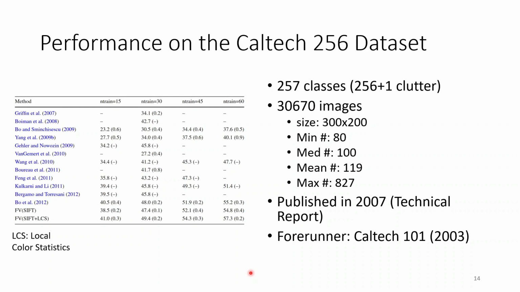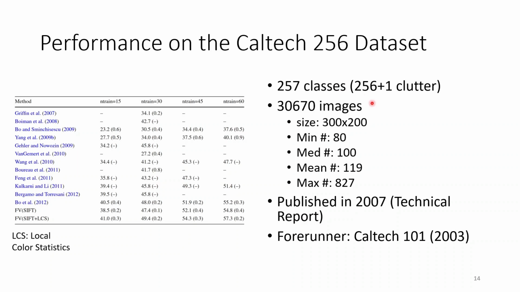So this is another large dataset called Caltech 256. In the year of 2011, there were several image classification datasets. One is ImageNet, and another is Caltech 256. So let's take a look at the properties of the two datasets.